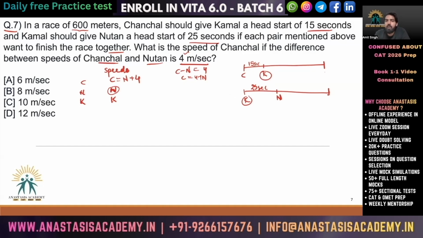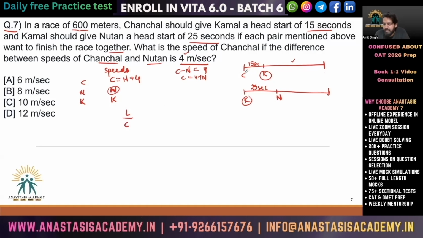First of all, the difference between the timings of these two is 15 seconds. The time taken by Chanchal and Kamal to travel this distance would be equal. So L, the track length, divided by C would be the time taken by Chanchal.